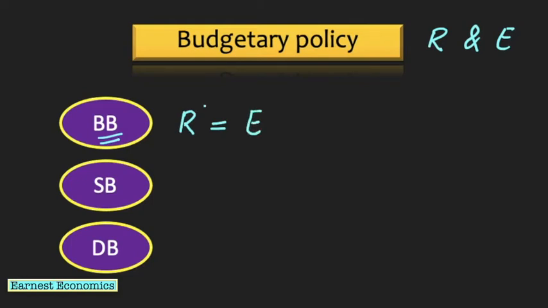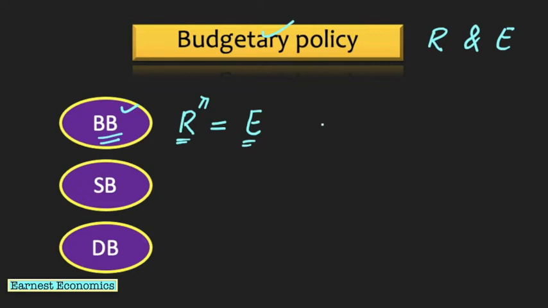As we move ahead to the public sector, when we study budgets, we will come to know that revenue is also called receipts. The receipts of the government are equal to the expenditure of the government. If this is the case, then this type of budgetary policy will be called a balanced budget.